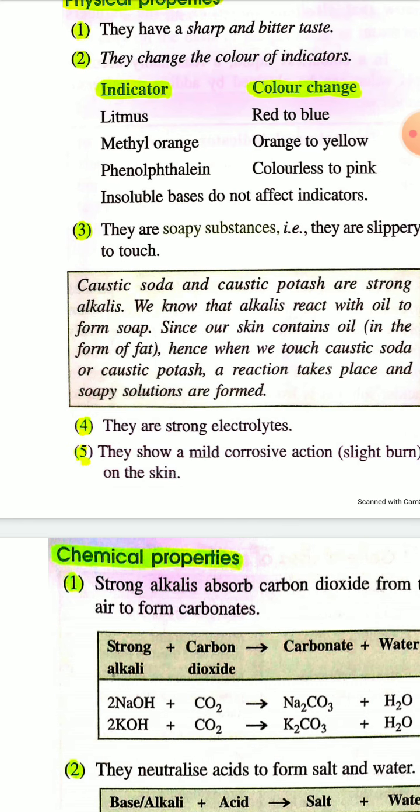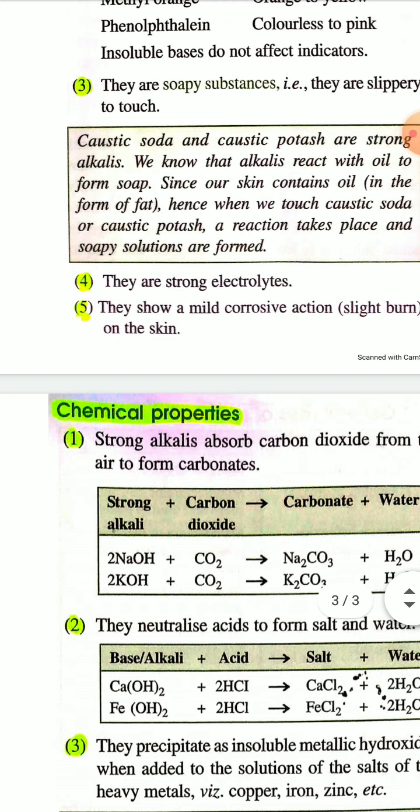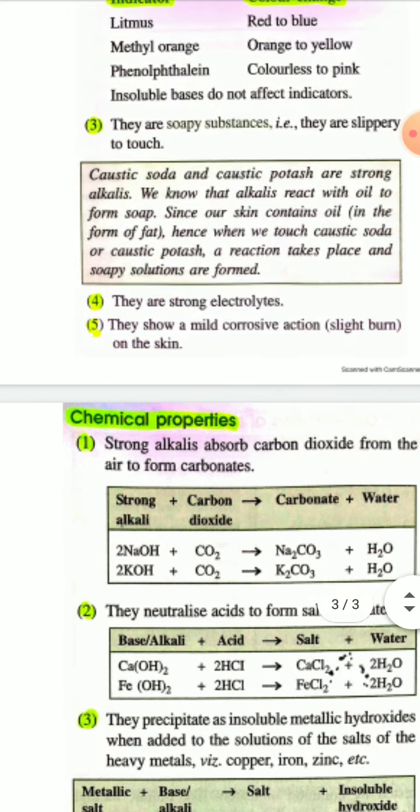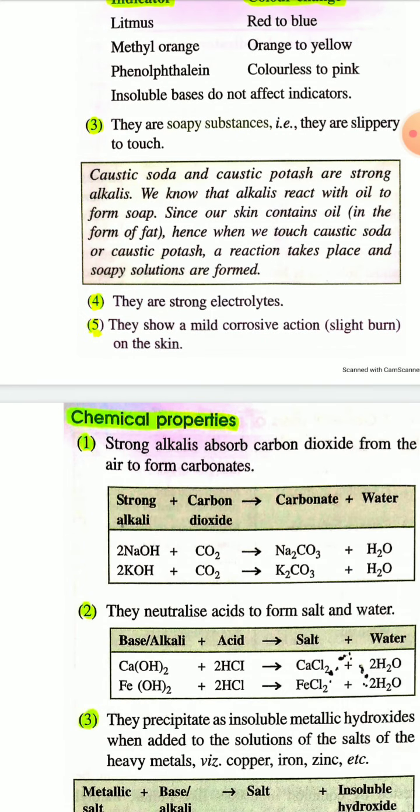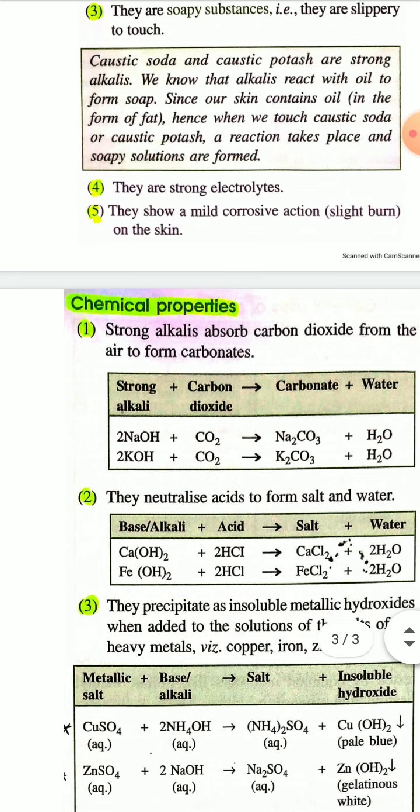The third physical property is that they are soapy substances. Bases are soapy substances, that is, they are slippery to touch. One point is given in the box. You can see caustic soda, that is NaOH, and caustic potash, that is KOH. These are strong alkalis.